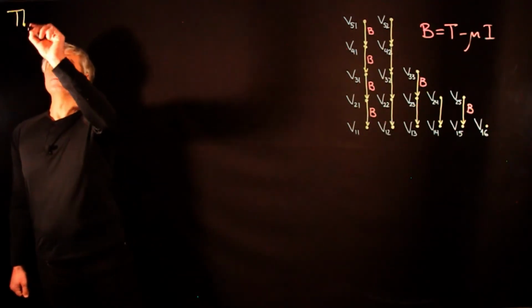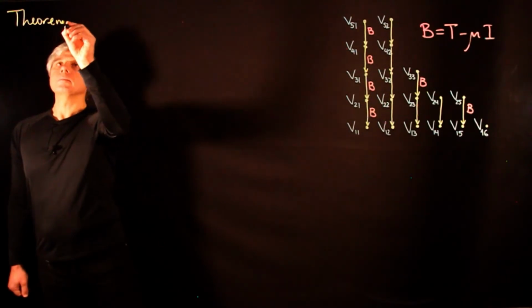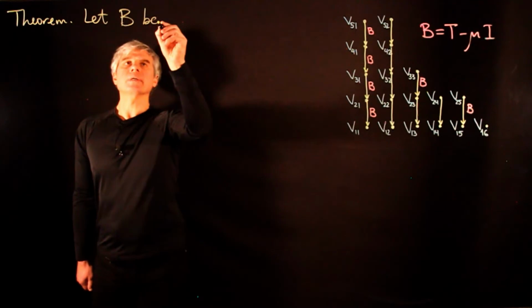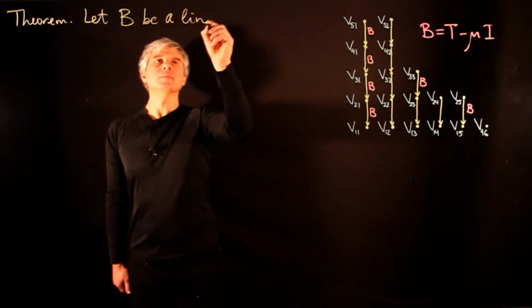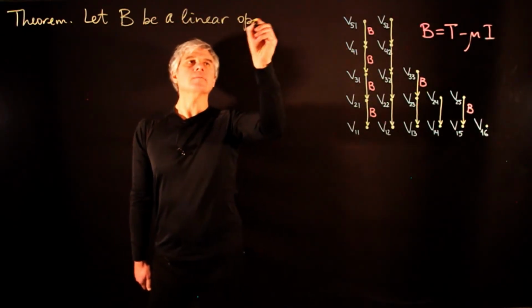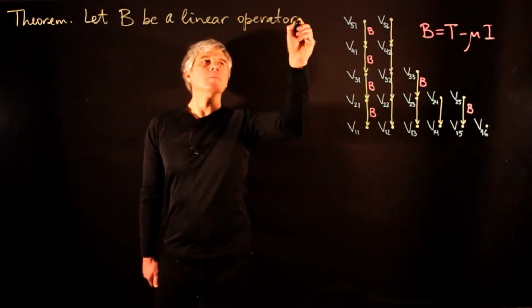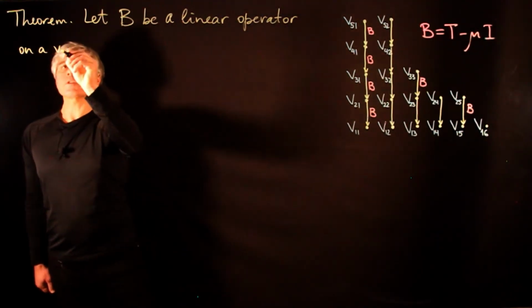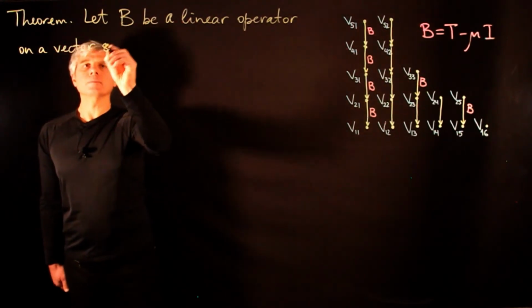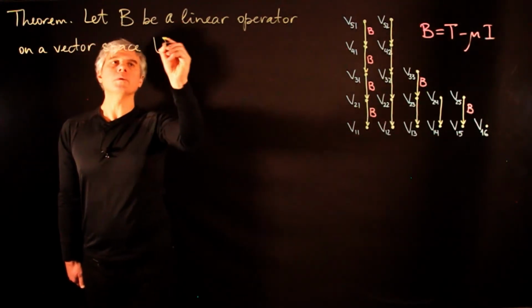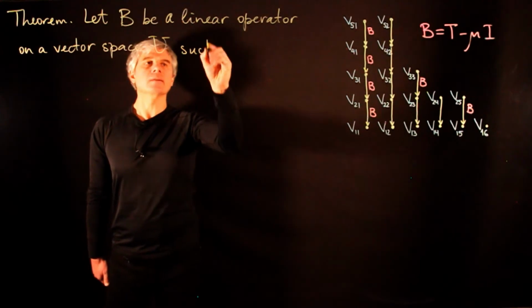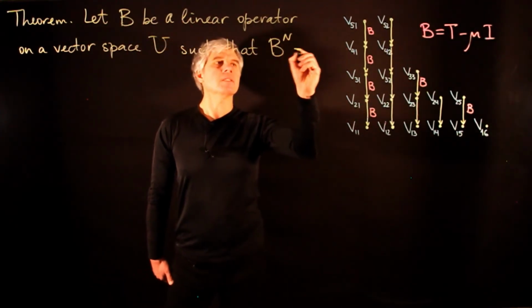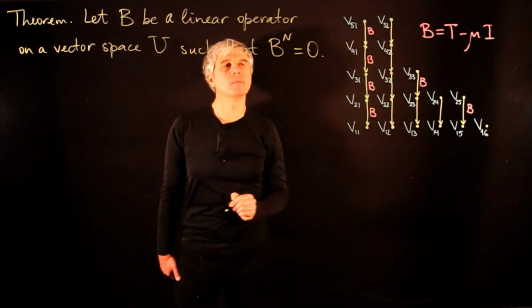Theorem. Let B be a linear operator on a vector space U such that b to the power n is a zero linear operator.